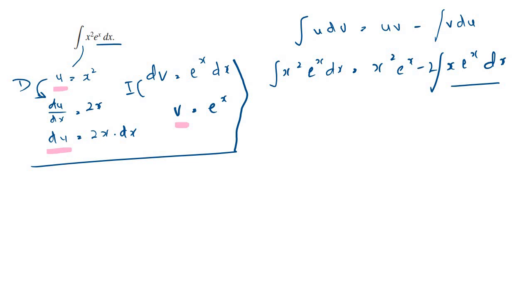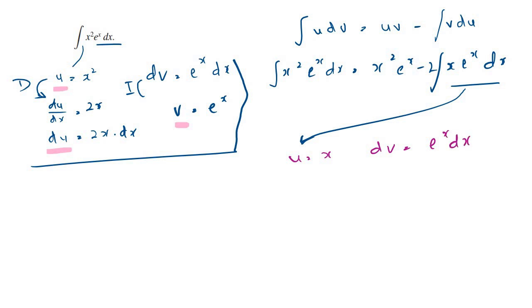Now we will be very careful. We're doing this part again. Maybe I'll use a different color here, something like purple. So we have u equals x and dv equals e to the power x dx.